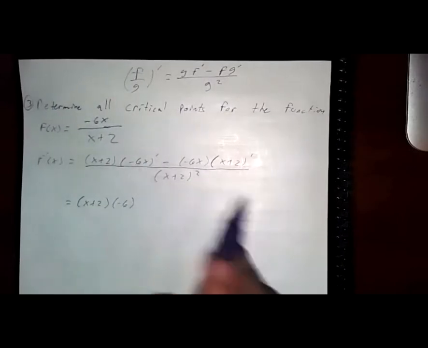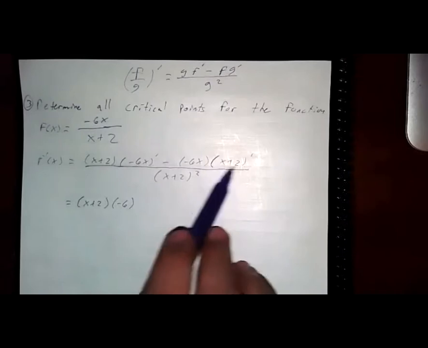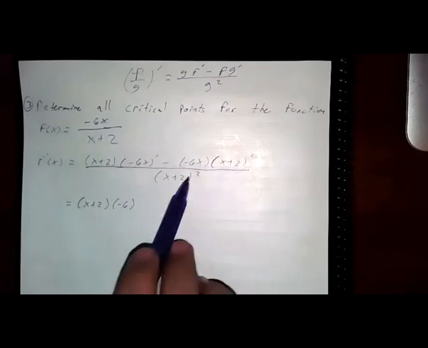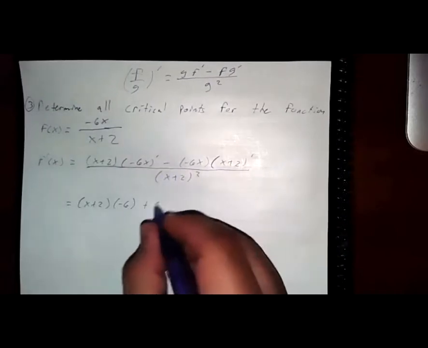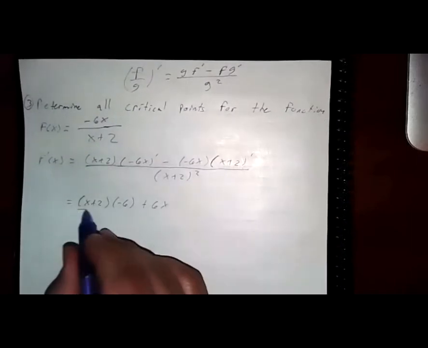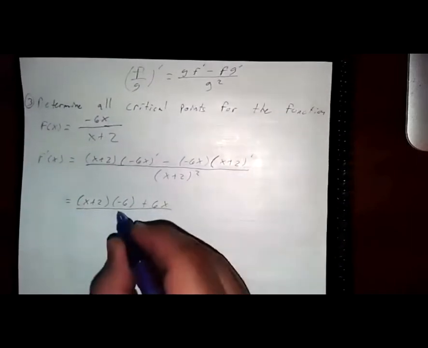Okay, so this derivative is no big deal, right? This will be just a 1, so it won't matter. Negative negative would be a plus 6x over this guy squared.